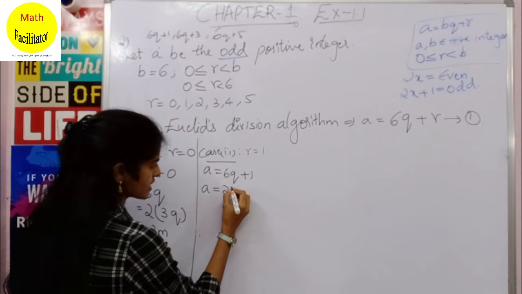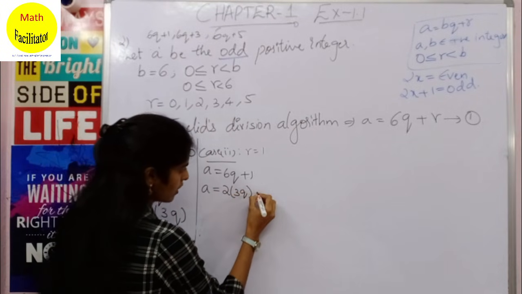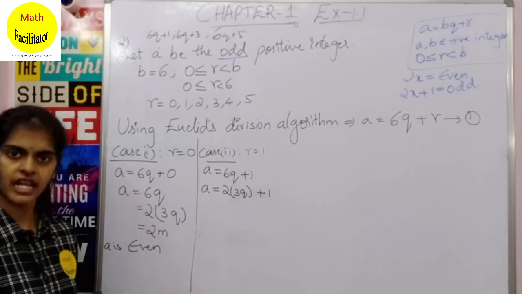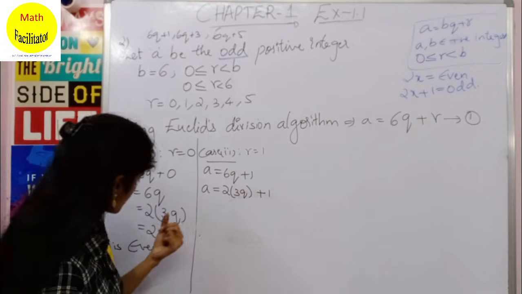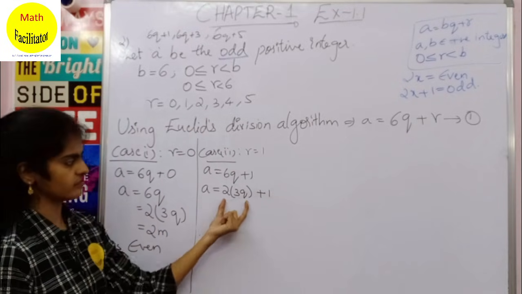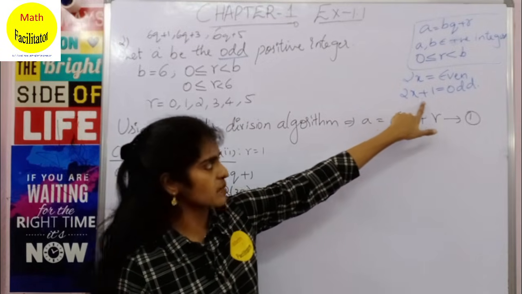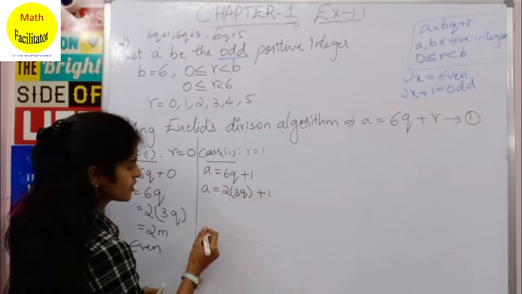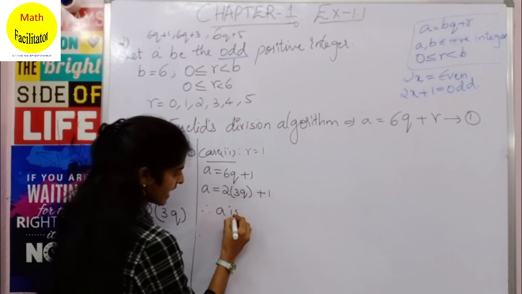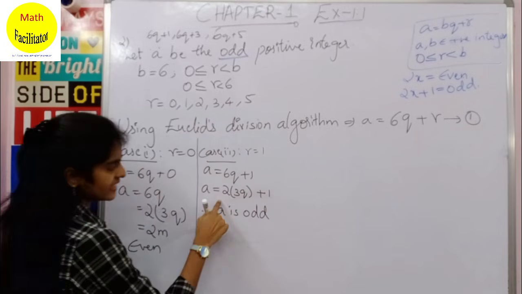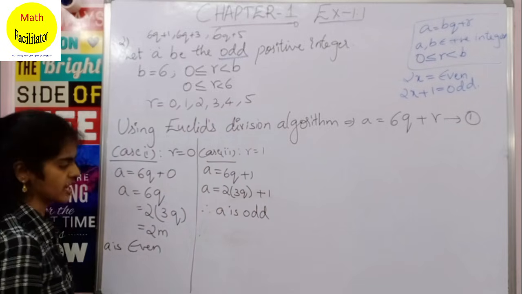So this is 2 multiplied by 3q, plus 1. Now here you can see 2 multiplied by 3q is even, 2 into something is even. Now you are adding 1 to this even number, so what is it? Odd. Therefore a is odd. In this case, you got a as an odd number.